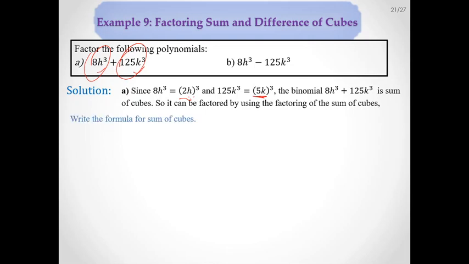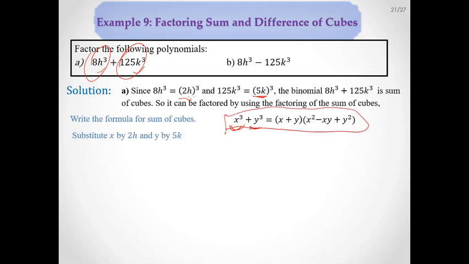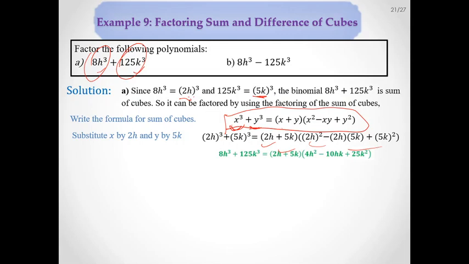So we can write it as the cube. We can use the factoring formula for the sum of the cubes. Now the formula is this. For x and y we use 2h and 5k, and when we substitute them in the formula, we will get the factoring of it.